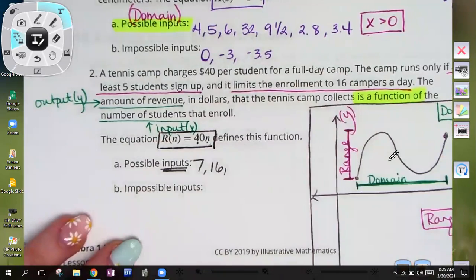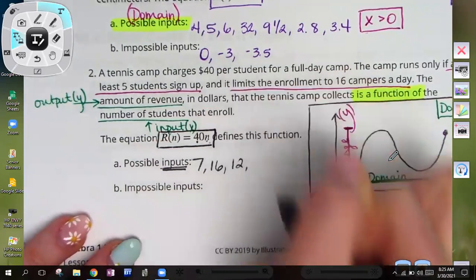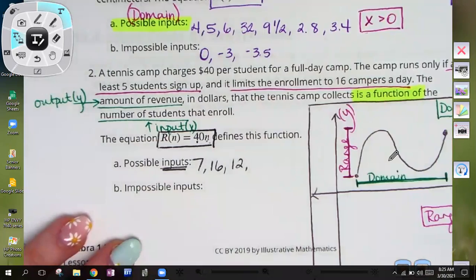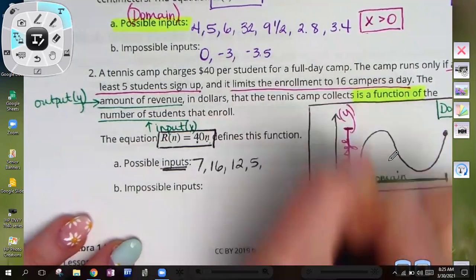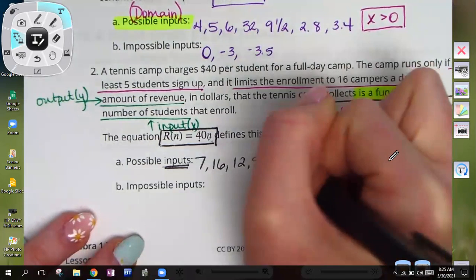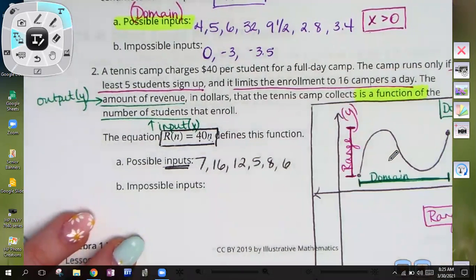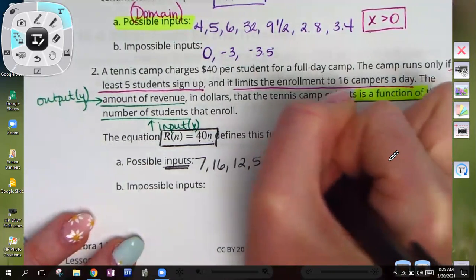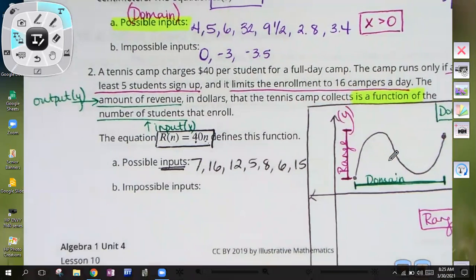Kai? 12. 5. Jamarius? 8. 6. 15. 14. Any positive numbers that aren't fractions or decimals? Good. Okay, now we'll get to that in just a second.